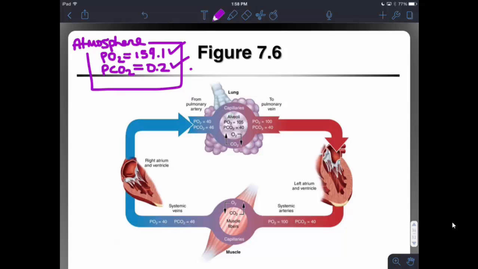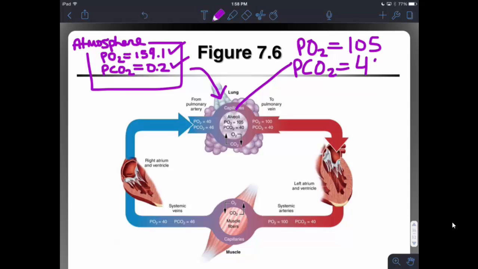Now when we inhale, we take air into our lungs, and that air ends up in the alveoli and gets mixed with the air that's already in the alveoli. The result is that in the alveoli, the average PO2 is 105, and the average PCO2 is 40.